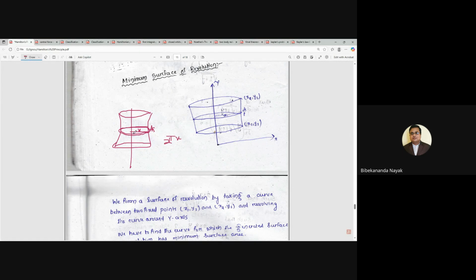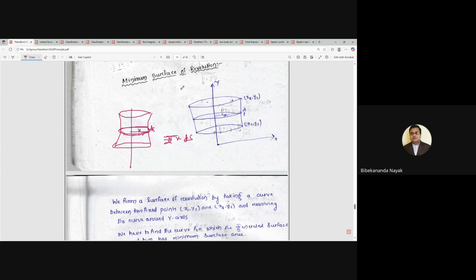If this small arc is ds, then the area is 2 pi x ds. So the total area of the surface is not a single curve, but actually a region between 2 points.